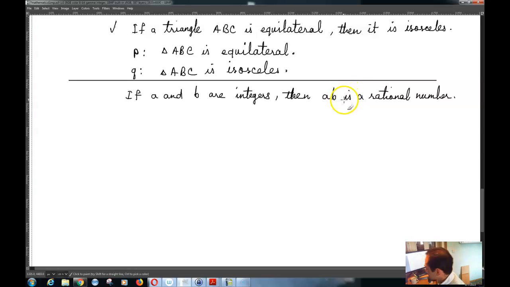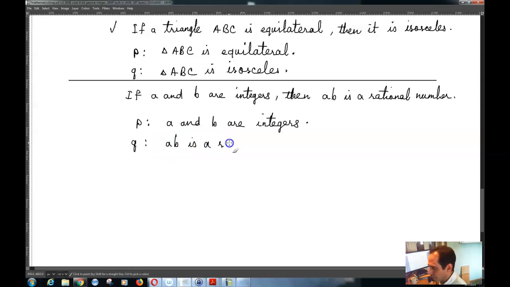So the component statements related to this compound statement are basically P, a and b are integers, and Q, ab is a rational number.